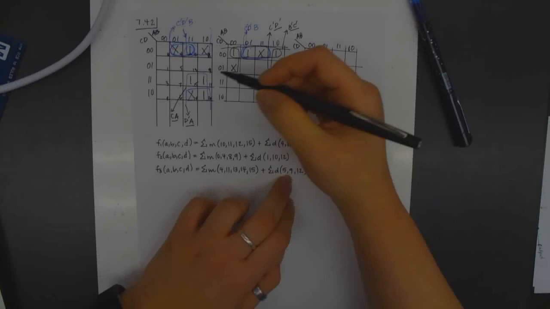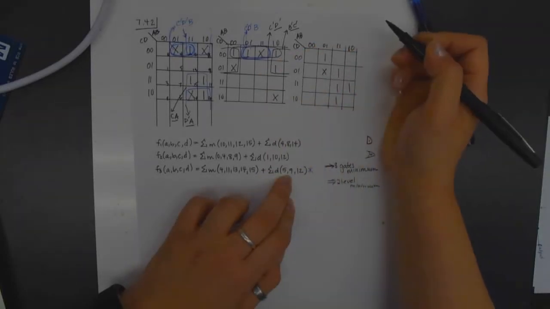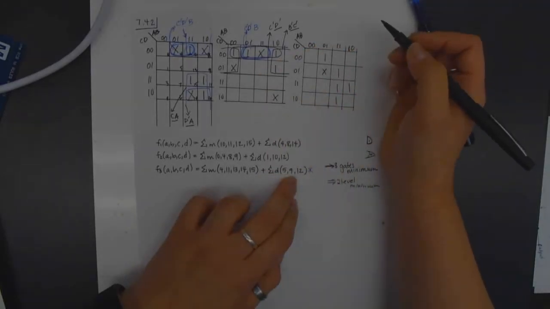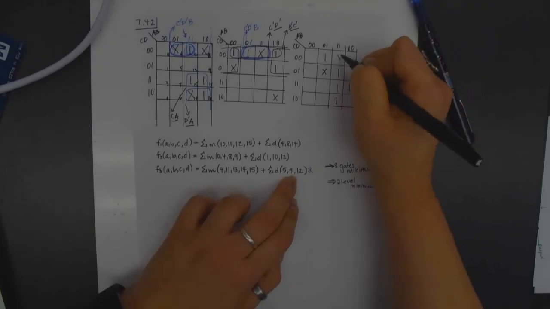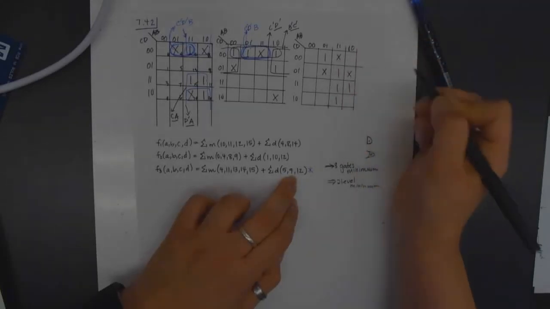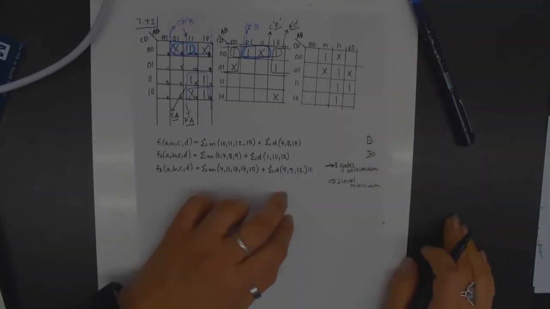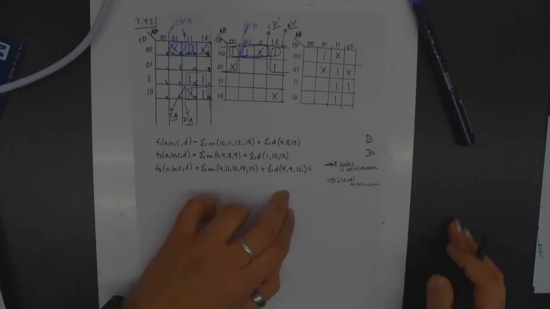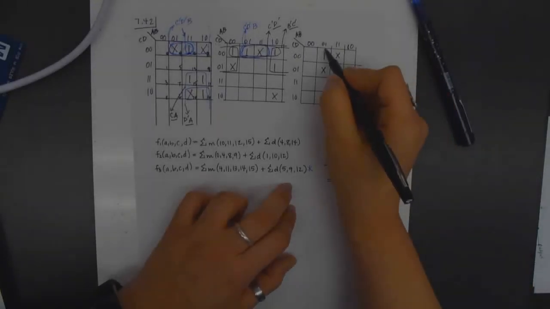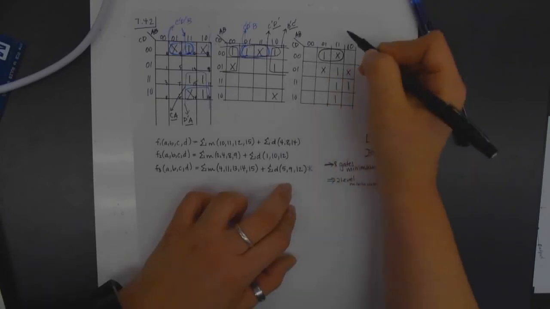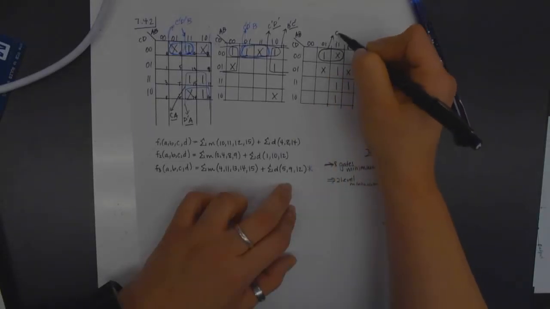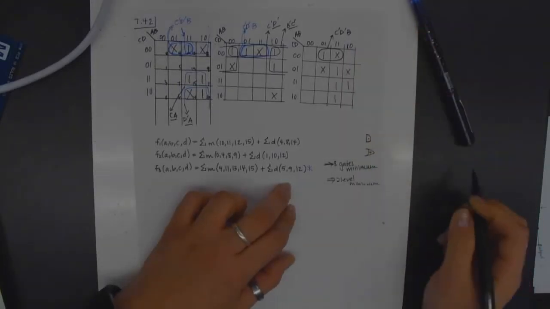And then our don't cares are in 5, 9, and 12. Y'all see that? We've got the same overlap here. So we can do the same kind of thing and say this guy right here is what we want. That way we're just sharing this line all the way across.